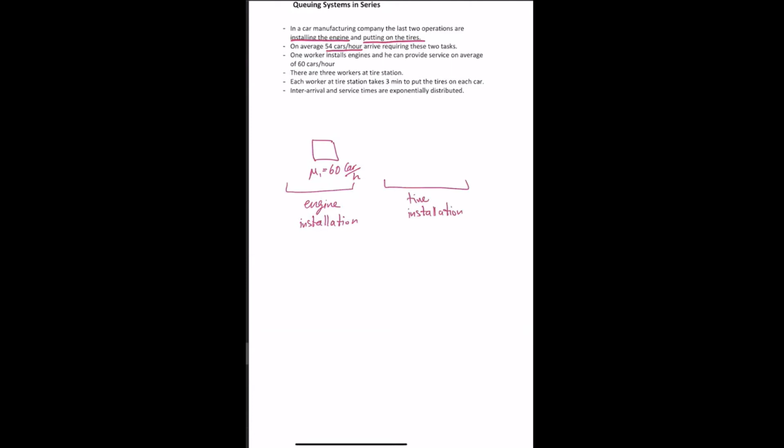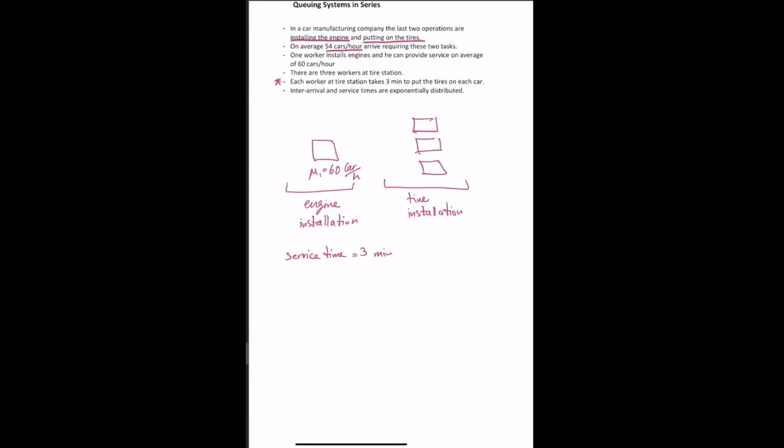And there are 3 workers at the tire installation station who are doing the tire installation. And each worker takes 3 minutes to put the tires on each car, all 4 tires. So what is given to you here? Each worker takes 3 minutes to put the tires on each car.